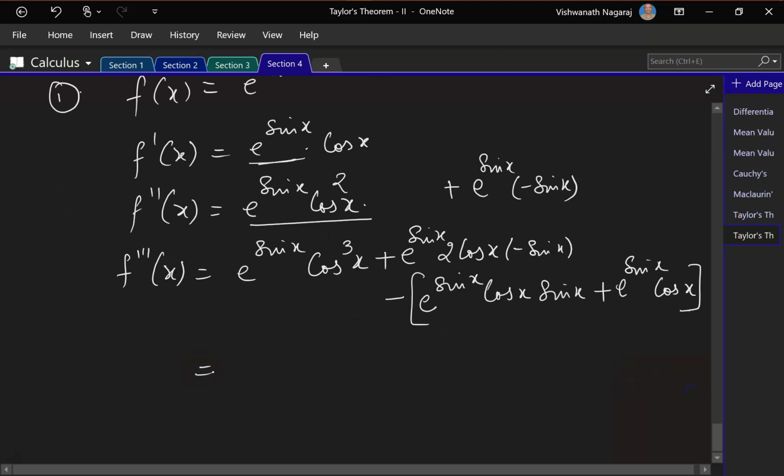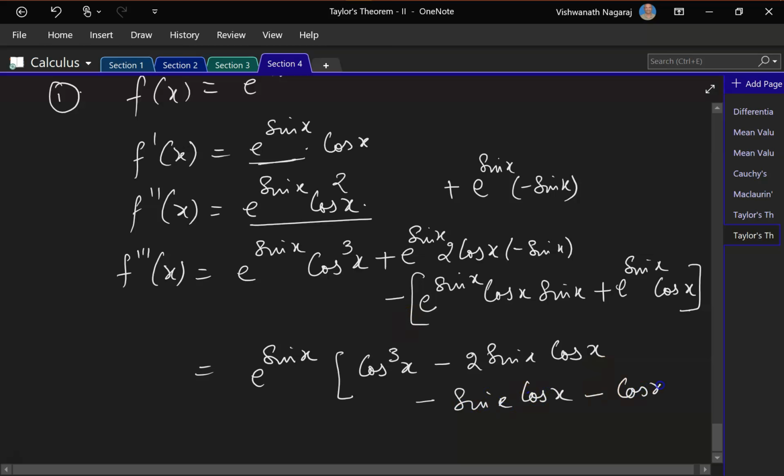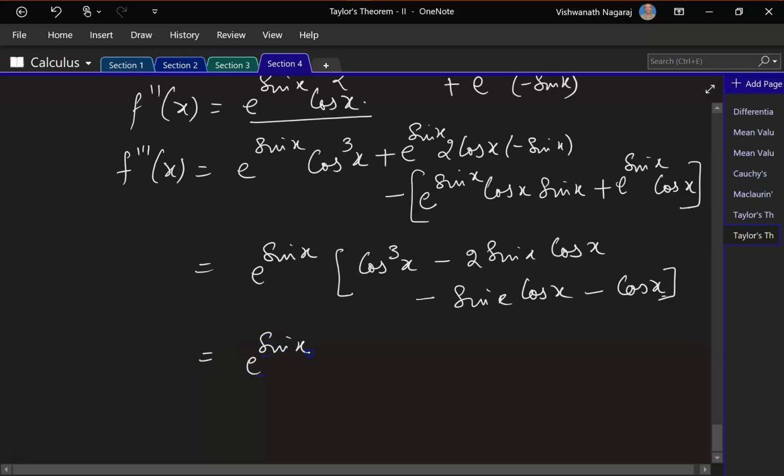Now we need to simplify it a little bit. So e to the power of sin x is common. Cos cube x plus 2 sin x cos x, and this is minus sin x cos x minus cos x, which is equal to e to the power of sin x times cos cube x minus 3 sin x cos x minus cos x.